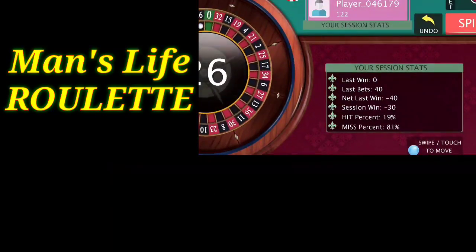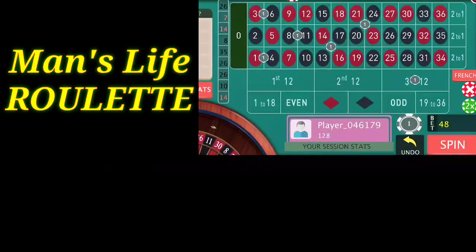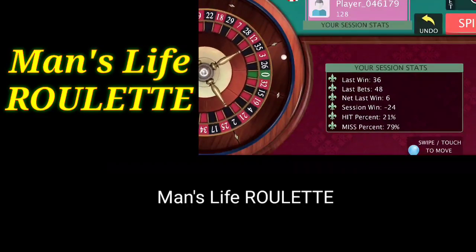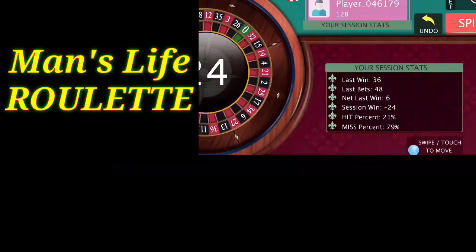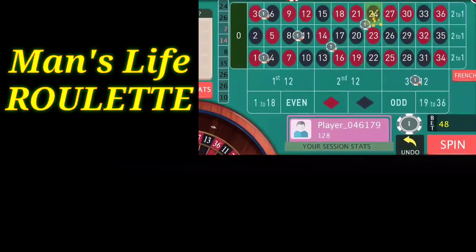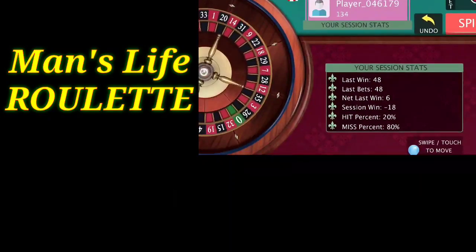It's 26 again. From this time onward we are going to make $6 for the third dozen and second dozen winning numbers. It's 24, again a win. So just rebet and play.